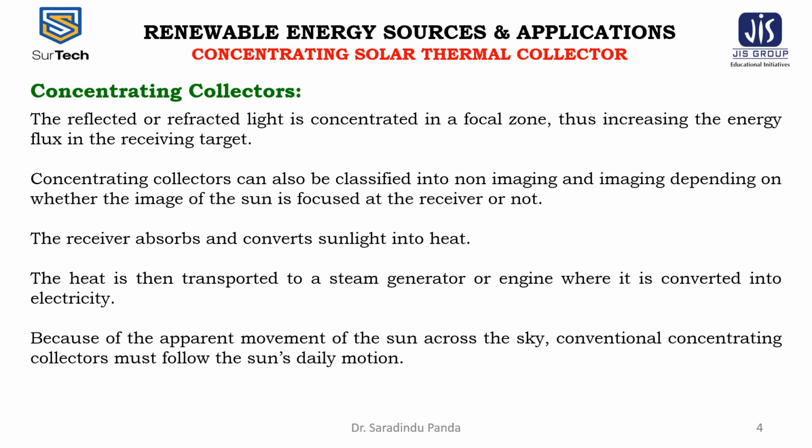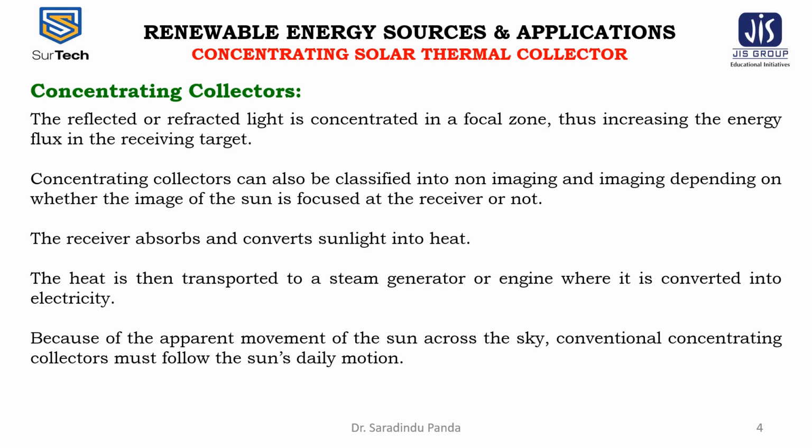Concentrating collectors can also be classified into the non-imaging and the imaging depending upon whether the image of the sun is focused at the receiver or not. The receiver absorbs and converts the sunlight into the heat. The heat is then transported to a steam generator or the engine where it is converted into the electricity.